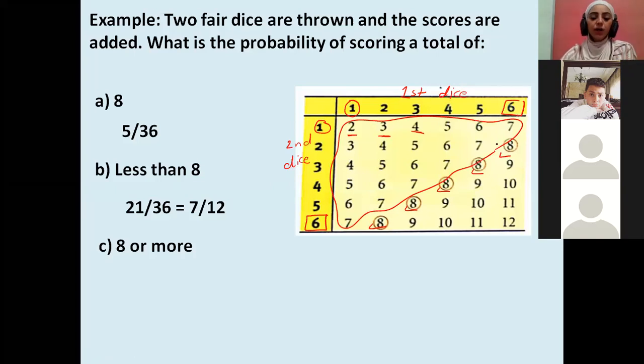Where did we get 7 over 12 from? Simplifying. You can just divide them by 3. 21 divided by 3, you get 7, and 36 divided by 3, you get 12. Again, if you don't write the simplest form, it's okay in probabilities.